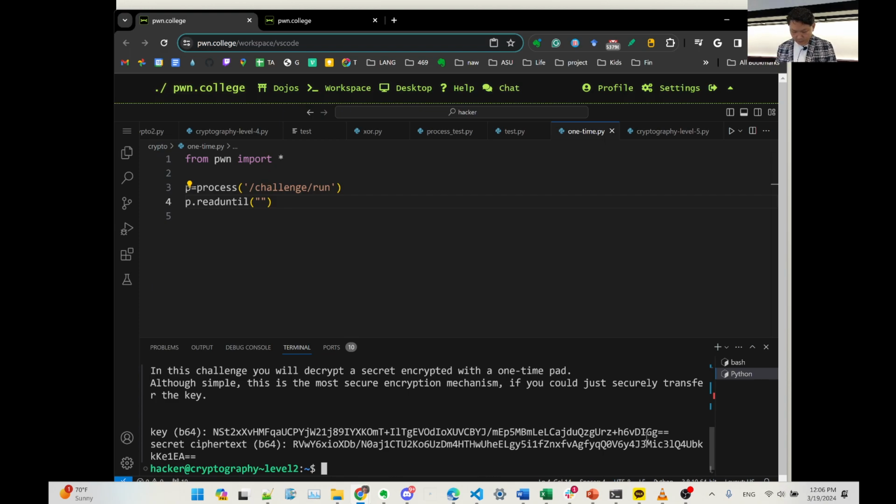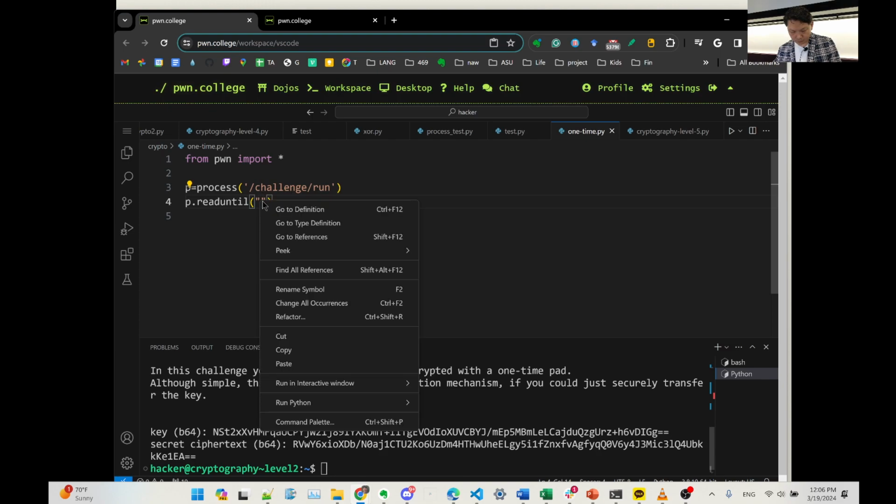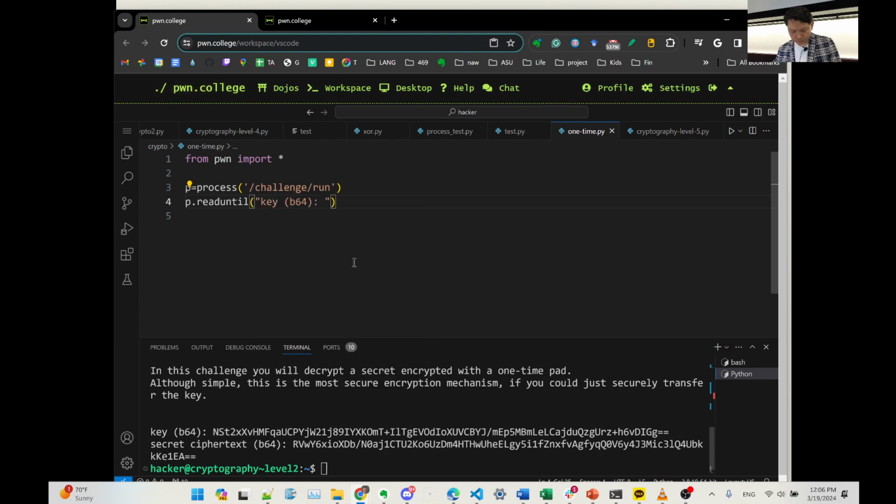Okay, and so we will take these key values and the ciphertext. We have to put the conditions, this text, and paste. Yes, in this way you can get this value.